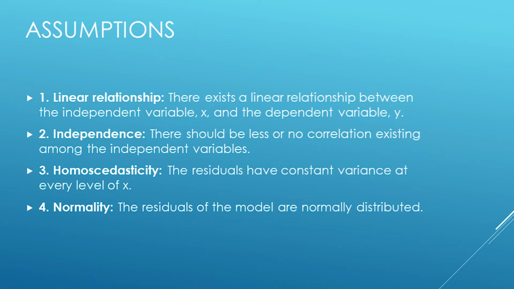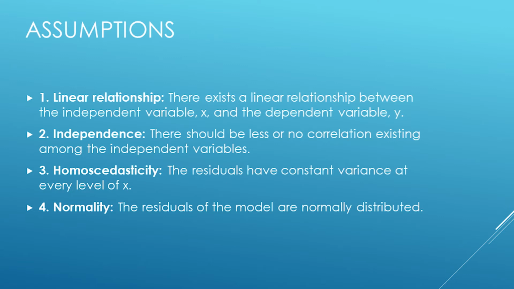If all four assumptions hold true, then they are good to build a linear regression model. The four assumptions are linear relationship, second is independence, third is homoscedasticity, and fourth is normality. In linear relationship, there must be a linear relationship between the independent variable and the dependent variable.